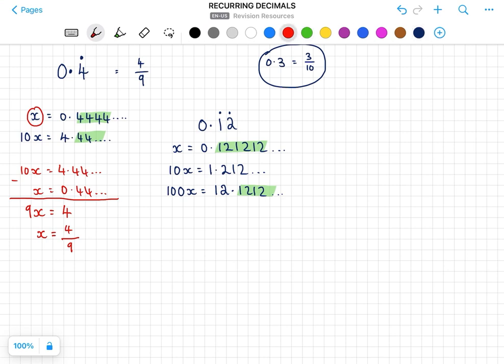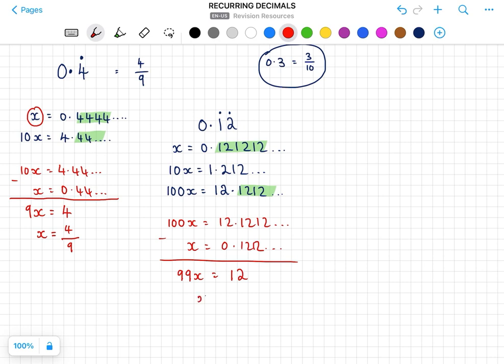So we've got them matching, now we subtract them. 100x is 12.1212 and x is 0.1212. Subtract. 100x minus x is 99x. 12.12 recurring minus 0.12 recurring is 12.